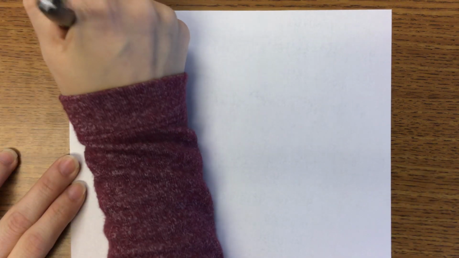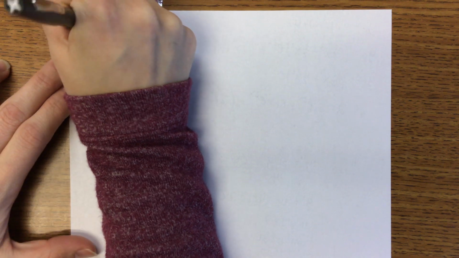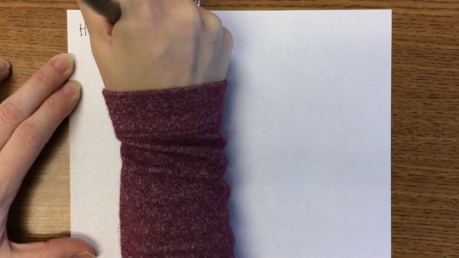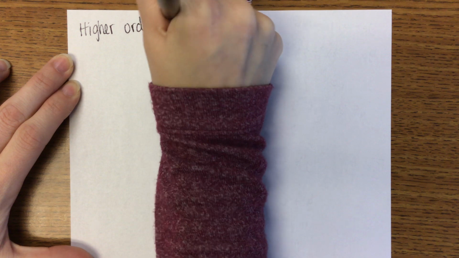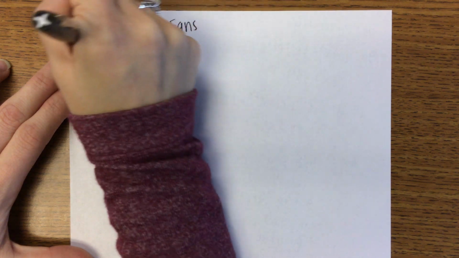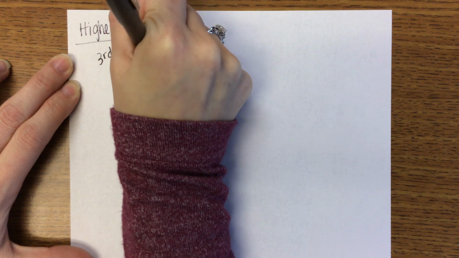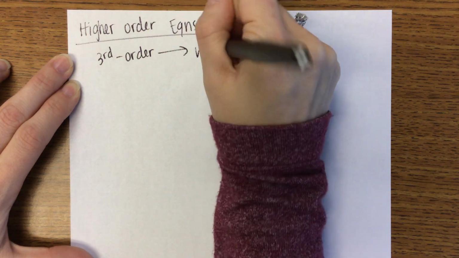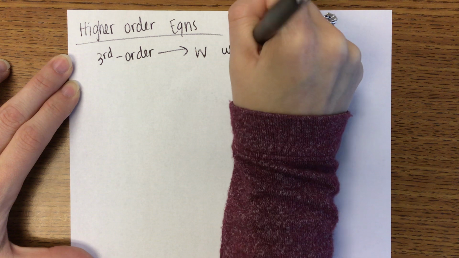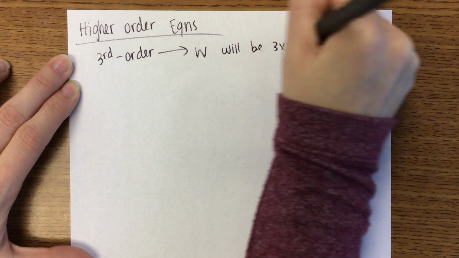And the answer is no, you can do this for higher order equations as well, and you will need to on your homework. It's going to be a similar process, just slightly more tedious. For higher order equations, for example, if you have a third order, your W will be a 3x3 matrix.